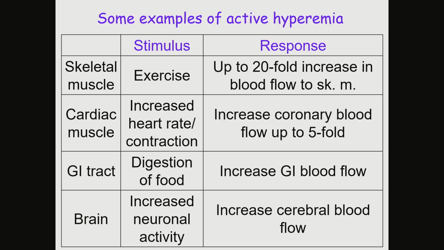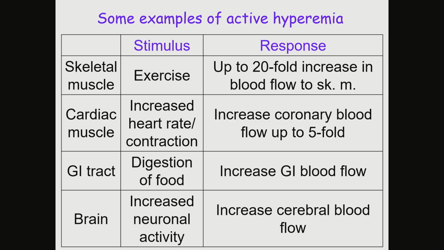Okay, and here are just some examples of active hyperemia. You can see that with skeletal muscle, you exercise, you're using up a lot of energy, and hence you're going to increase blood flow a tremendous amount. Also with the heart, you increase heart rate and contraction, so you're going to increase blood flow.